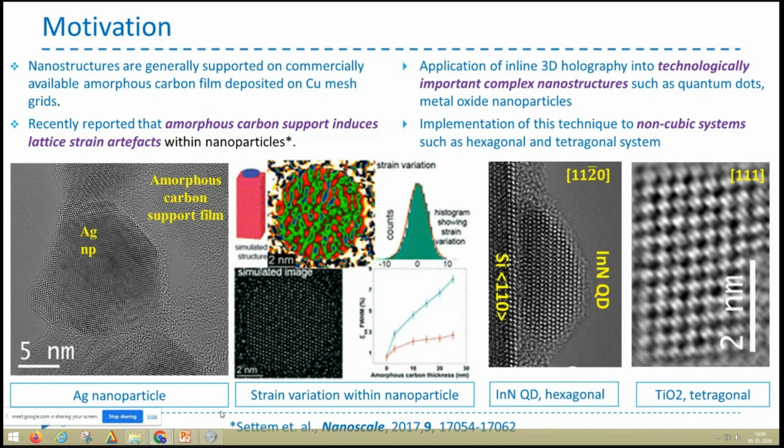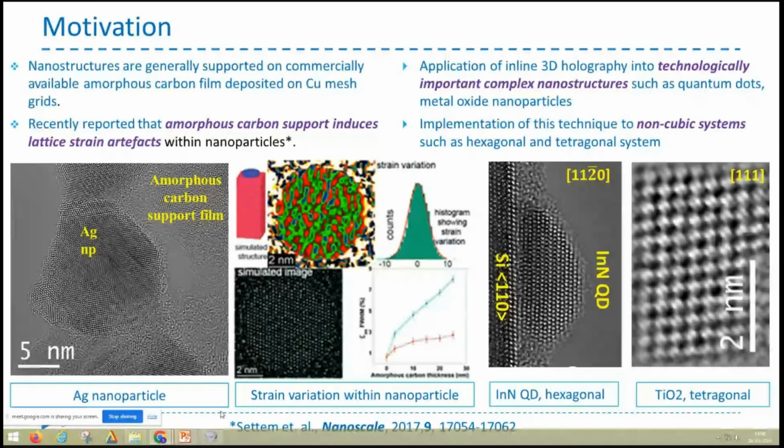So we tried to see if we can do inline holography, 3D holography with a nanoparticle sitting on the carbon film, and how much it affects. This method had some limitations, and inline 3D holography was tried only on simple cubic structures.